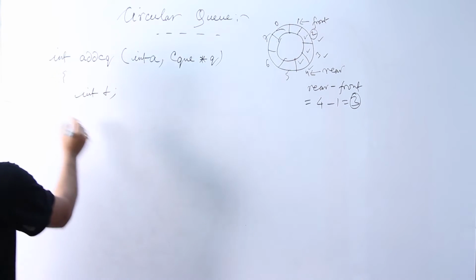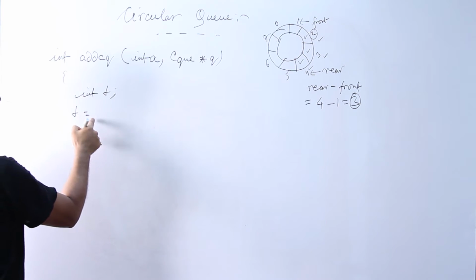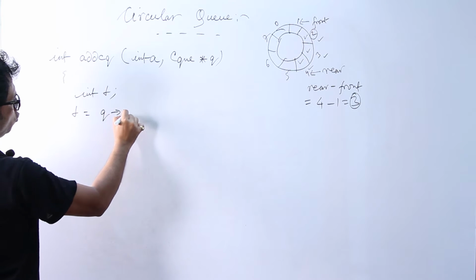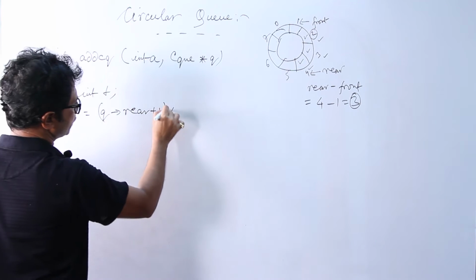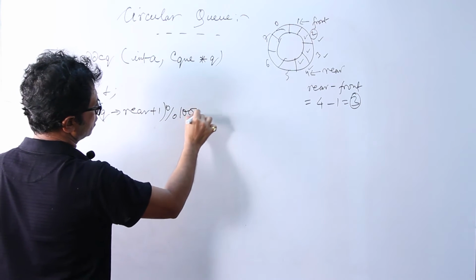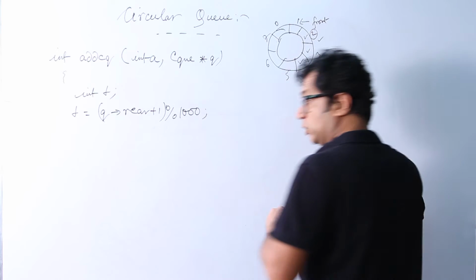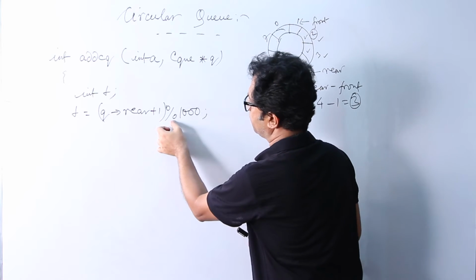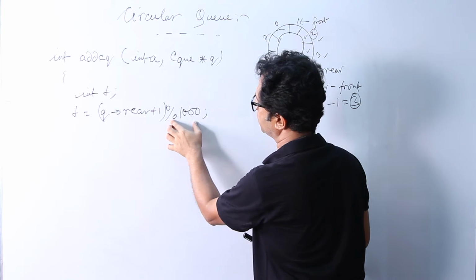So now what I will do, I will write like this: t is equal to (q rear plus 1) % 1000. What I have written? q rear plus 1 modulus 1000.